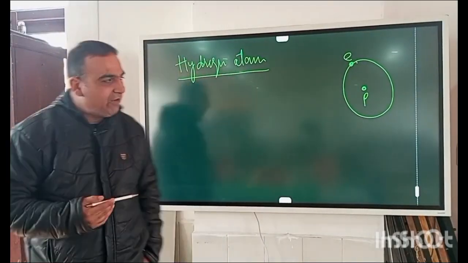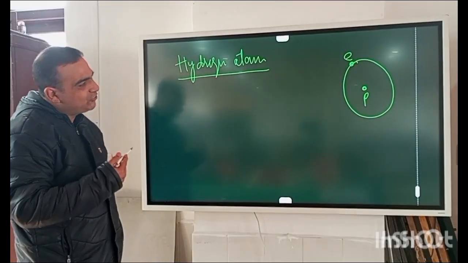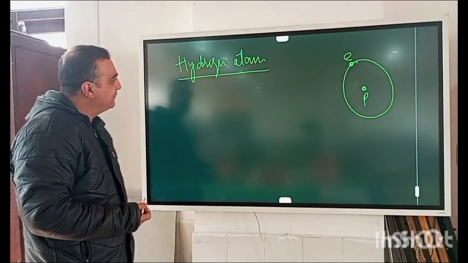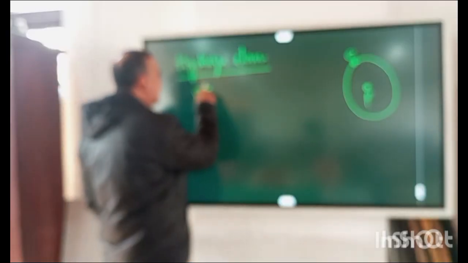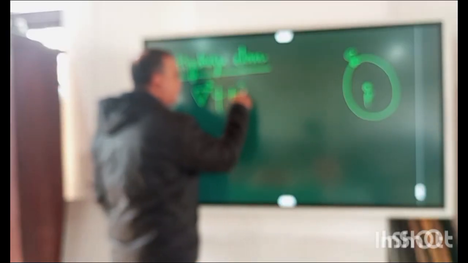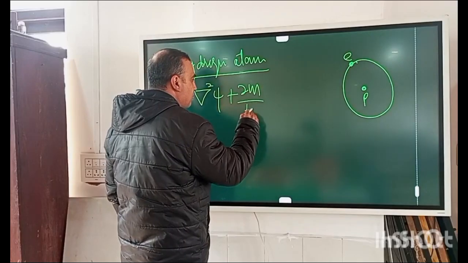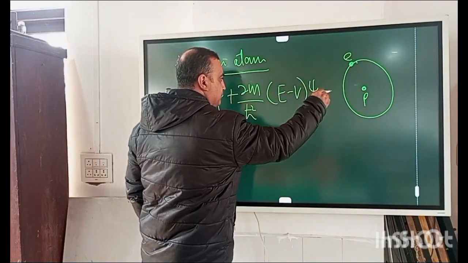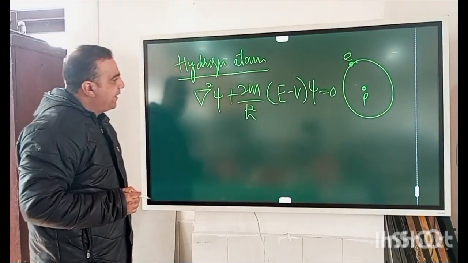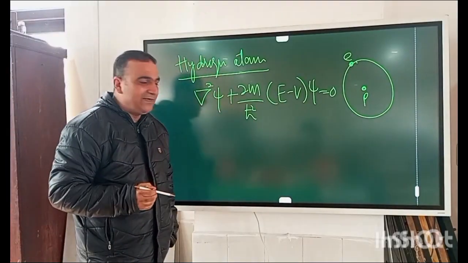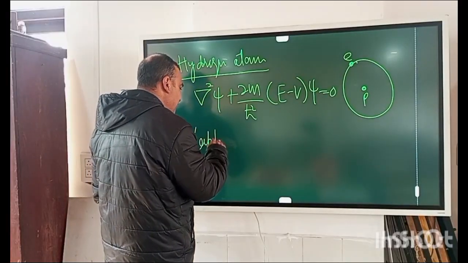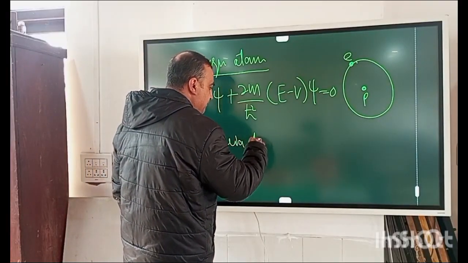I mean, if we try to mathematically look into the problem of hydrogen atom, and I write down the Schrodinger's equation, now in this Schrodinger's time-independent equation, what we have is a Laplacian operator.